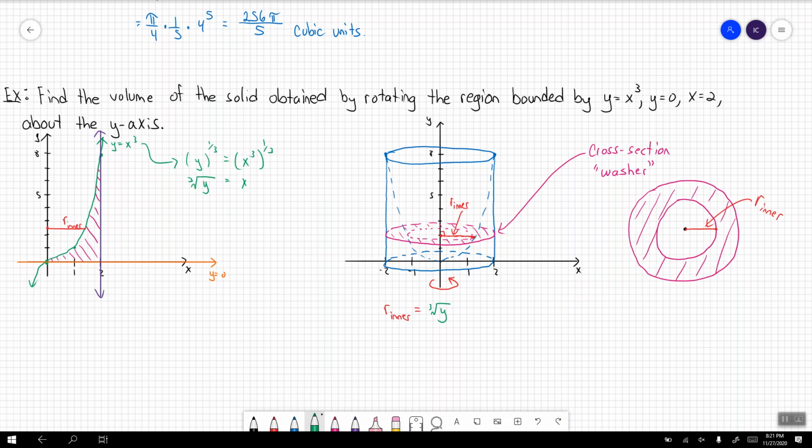That's the innermost radius. Now let's talk about the outermost radius. The outermost radius is going to be the radius made by the y-axis measured out to the outermost region of that washer. That's going to be the next radius that I'm looking for, and that's going to be the outer radius.